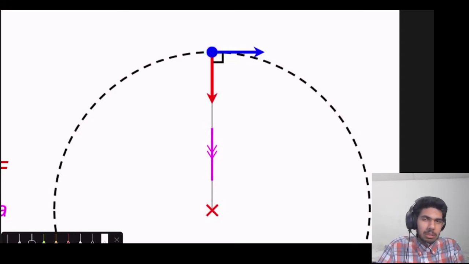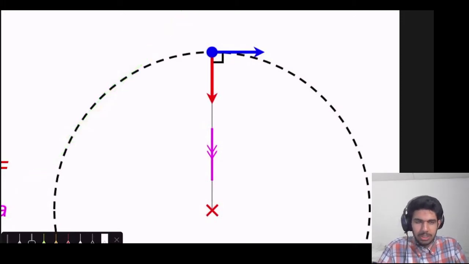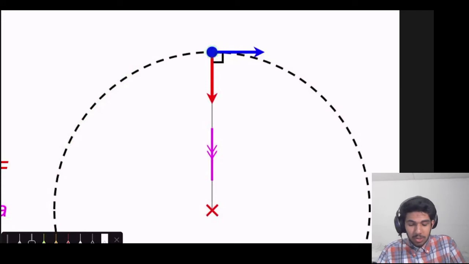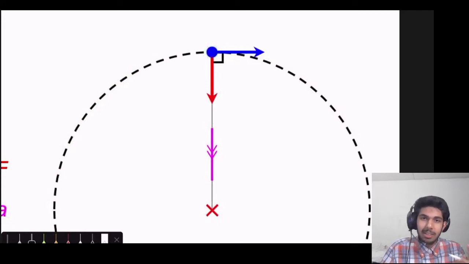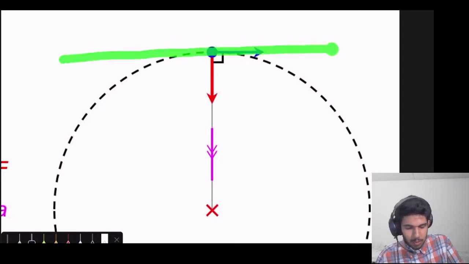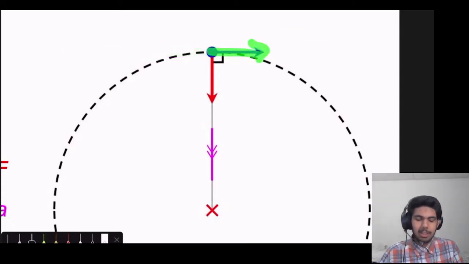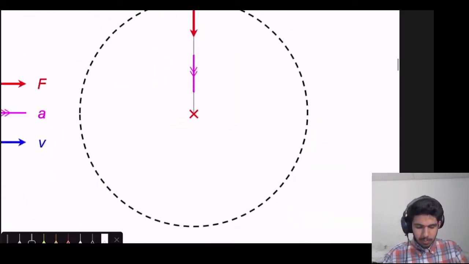Because why else would we distinguish this point? So there's only one line that passes through that point, which is tangent to the circle, and that is this horizontal line right here. And that is why the velocity vector is horizontal at that point.